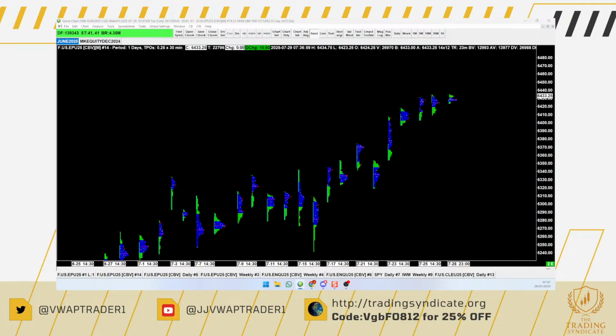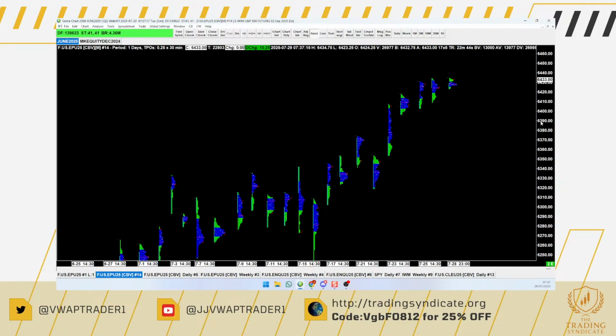So what does that mean for you in real world terms, right? Well, basically, it means that people who are short are going to be trying to cover. That's why, do you notice every time the market sells off, you get things like poor lows?